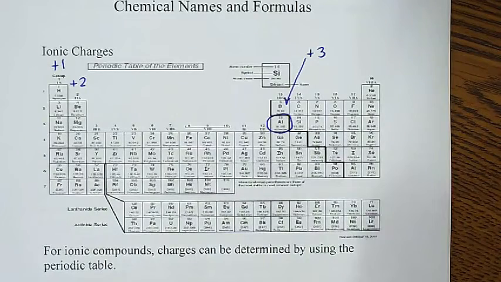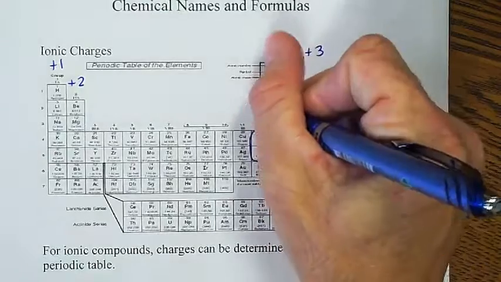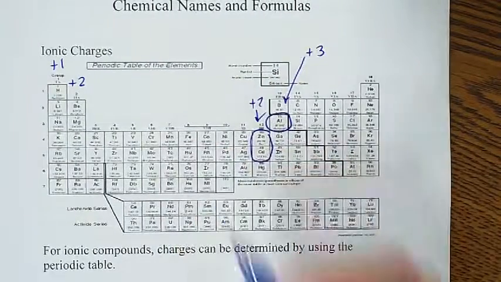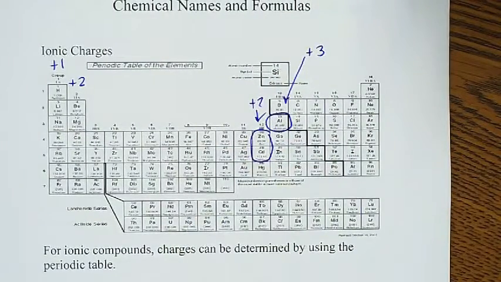And also, while I'm at it, zinc and cadmium together are always plus 2, because these transition metals here actually can have more than one charge for the most part, because of the fact that they have these d orbitals and they're close to the s orbitals, and so they can have more than one charge.